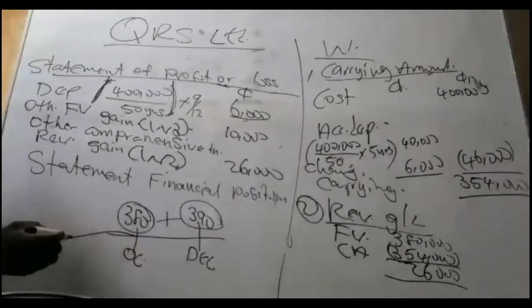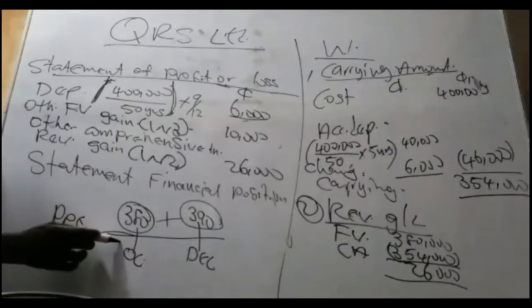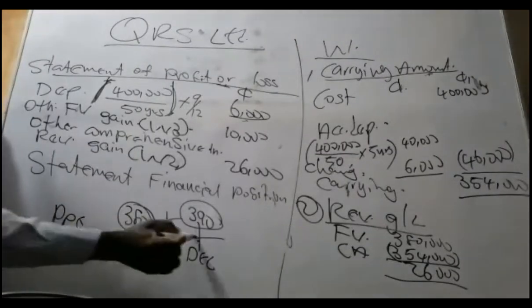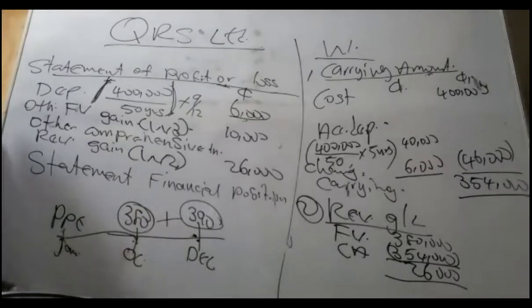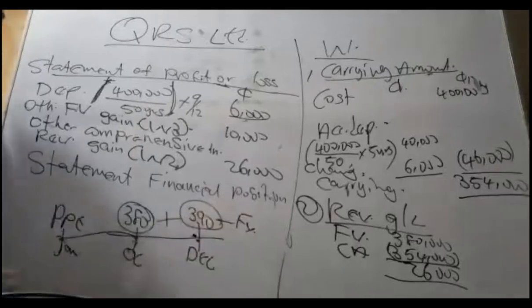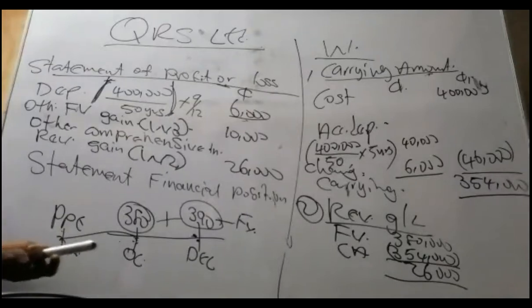After we have duly moved the building from PPE to investment property in October, from October to December the building is now investment property, and now we are using what? The fair value model. So any gain or loss that we arrive at at the end of the reporting period must be reported in the P&L.